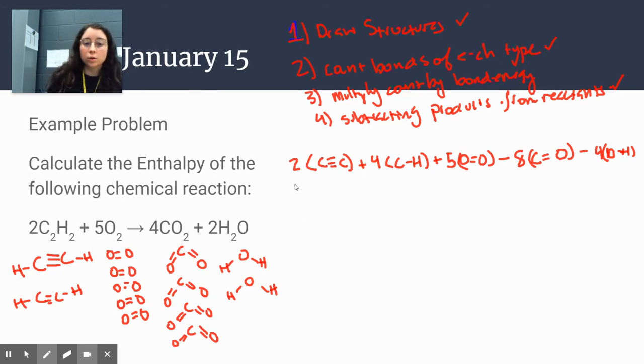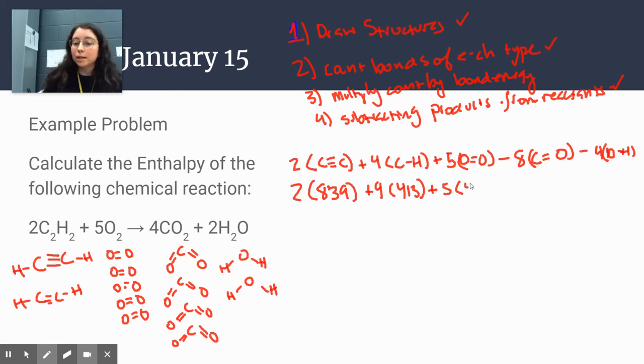Okay, so I'm going to start plugging in numbers. The carbon triple bond to carbon is 839 kilojoules per mole. So we multiply it by 2 because we have 2 moles of it. Plus 4 carbon hydrogen, that is 413 kilojoules per mole. Plus 5 oxygen-oxygen double bonds, which is 495.